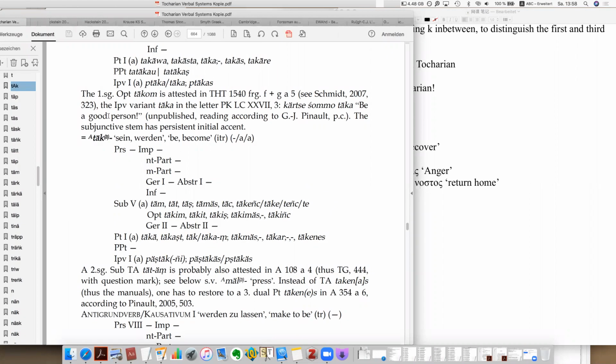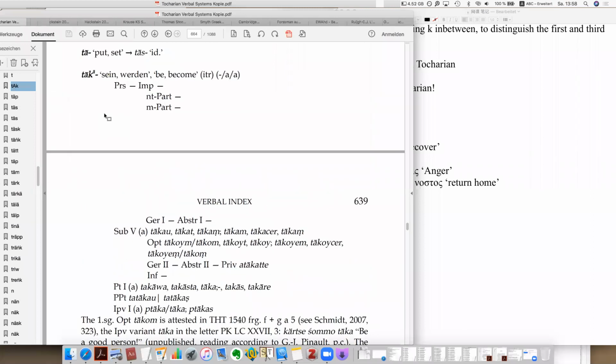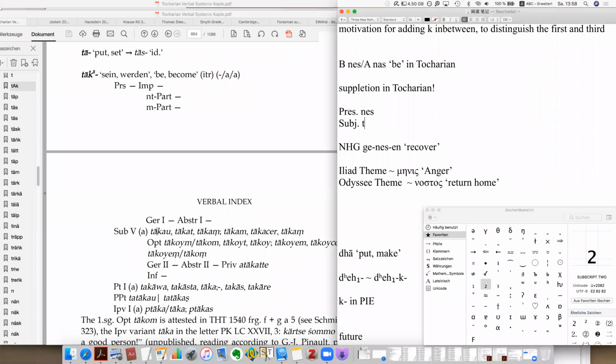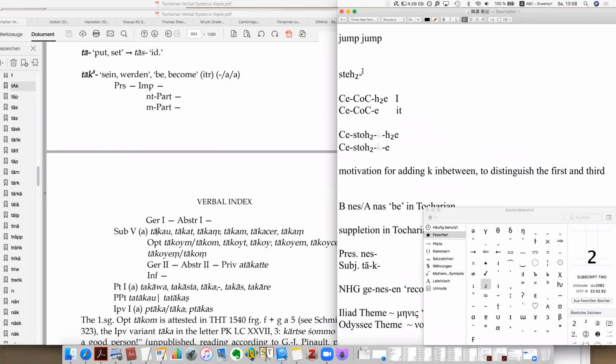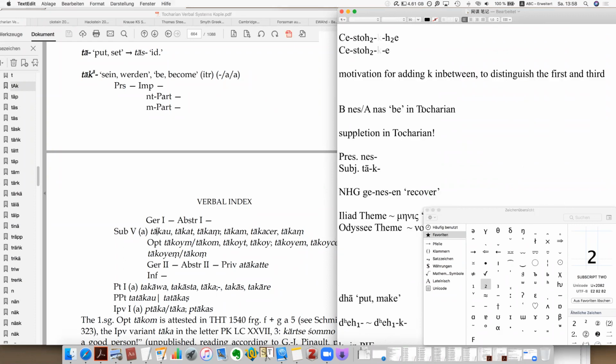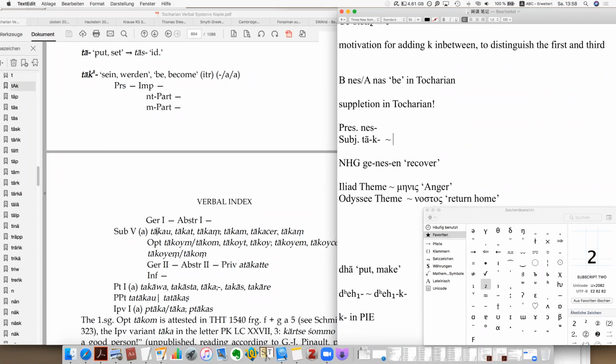It's called tak. So tak, be, and there is no present. There's only subjunctive, called takal, takat, takam, takachi, and so on. And this tak comes back to PIE steak, with a K element here.